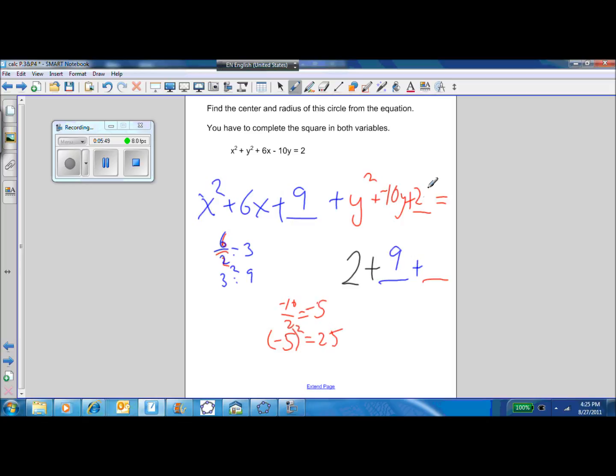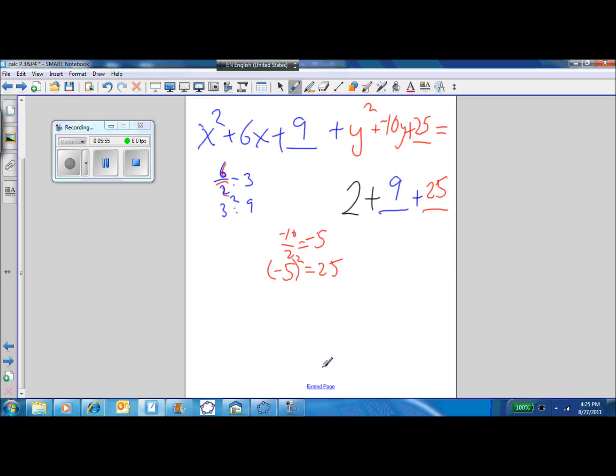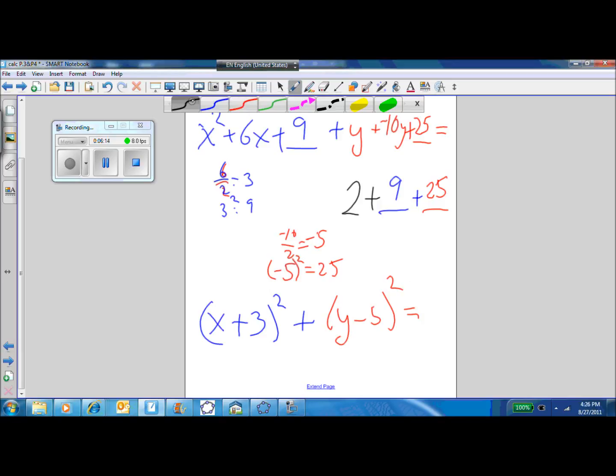So we've got to add 25 to both sides. Okay, so now what have we got? In the x's, x squared plus 6x plus 9, because you complete the square properly, that should be (x plus 3) squared, plus, in the y's, (y minus 5) squared, equals, and then your other side comes up to 36.